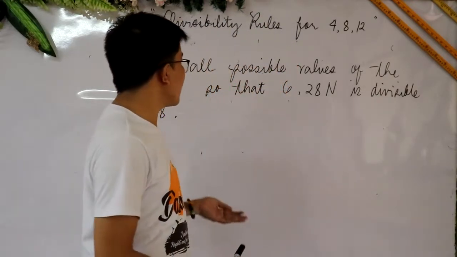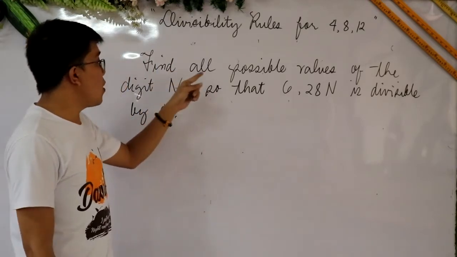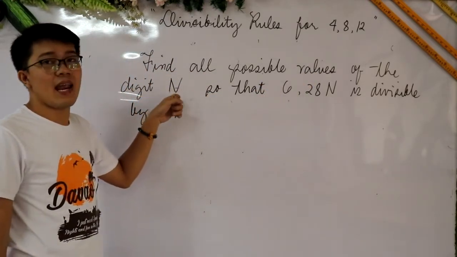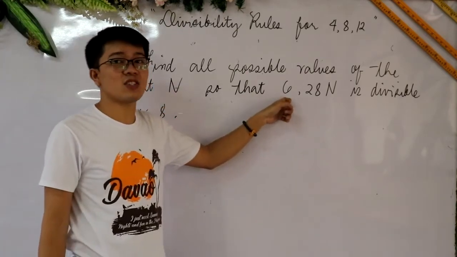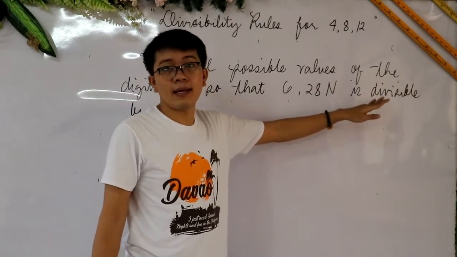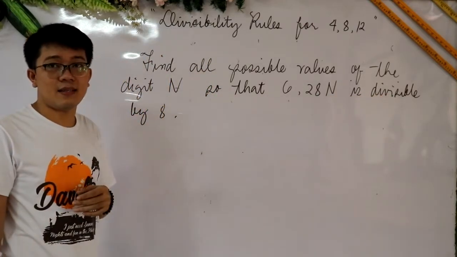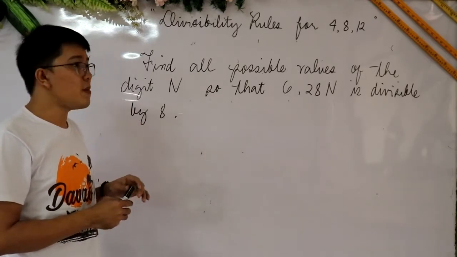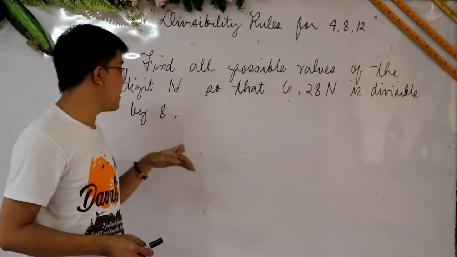So the task is, you're going to find all possible values of the digit n so that 6,208n is divisible by 8. What do you think are the possible digits to make this number divisible by 8?